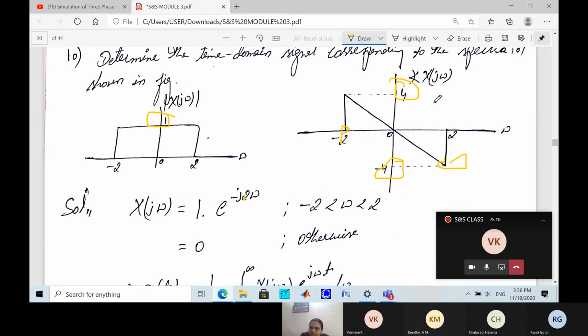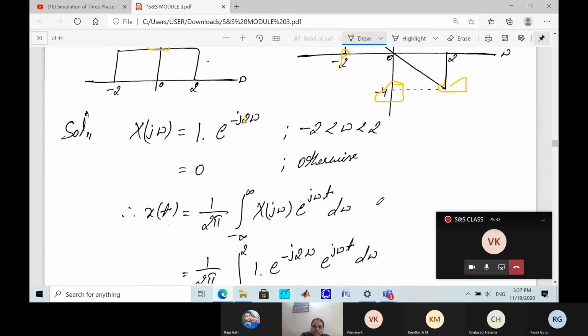What value should I multiply by so that I get 4? Based on this factor, you have to take the reading here as 2. That is a hint you have to remember here. This will be easy when I go for the next problem, you will understand how you get it. Minus j 2 into omega, where omega exists from -2 to +2. Then it will be 0 for the other cases.